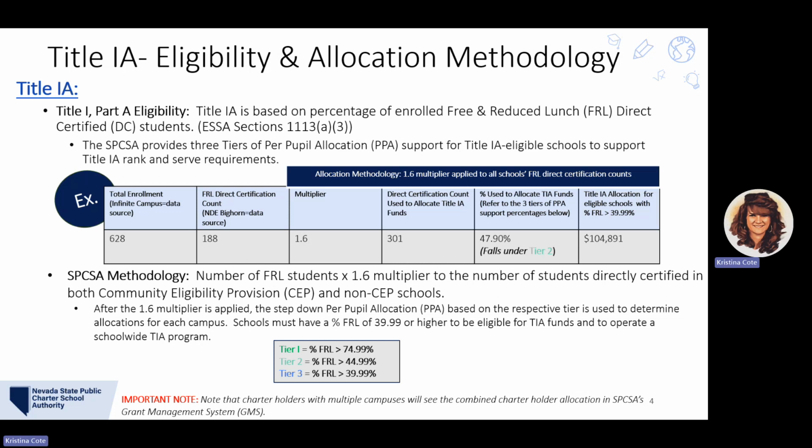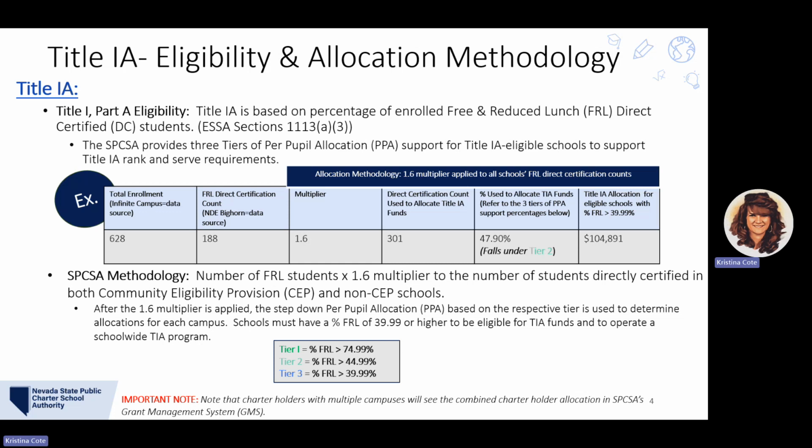Schools participating in CEP no longer have to collect and certify verifications or complete the annual verification process. After the 1.6 multiplier is applied, the step-down per pupil allocation based on the respective tier is used to determine the preliminary allocation for each campus.